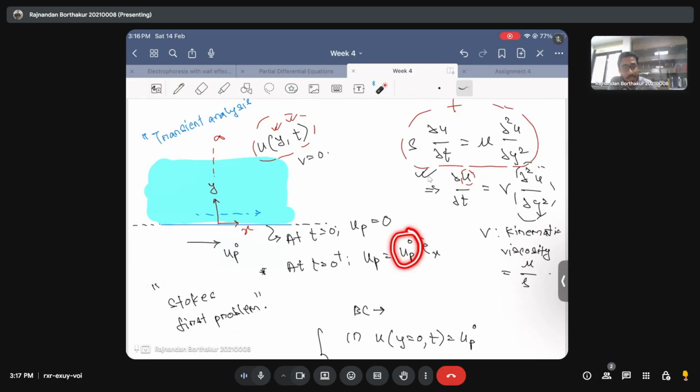For instance, I can say that my characteristic velocity is equal to my plate velocity. We will see why this is called the characteristic velocity. But at least we saw that we don't have a defined length scale and time scale.